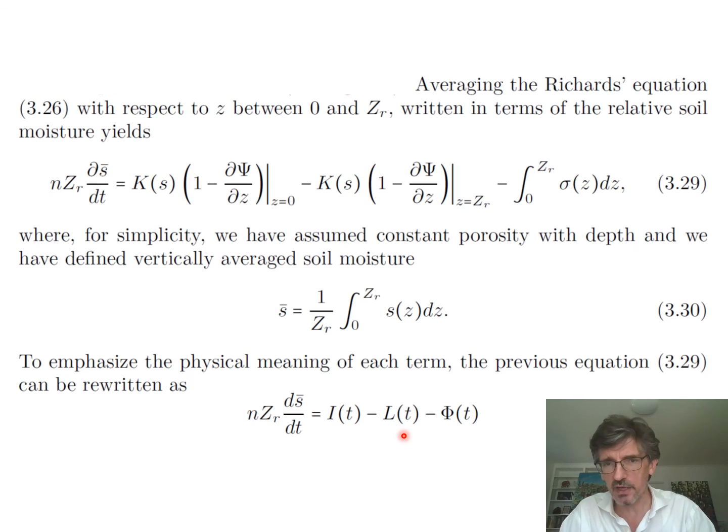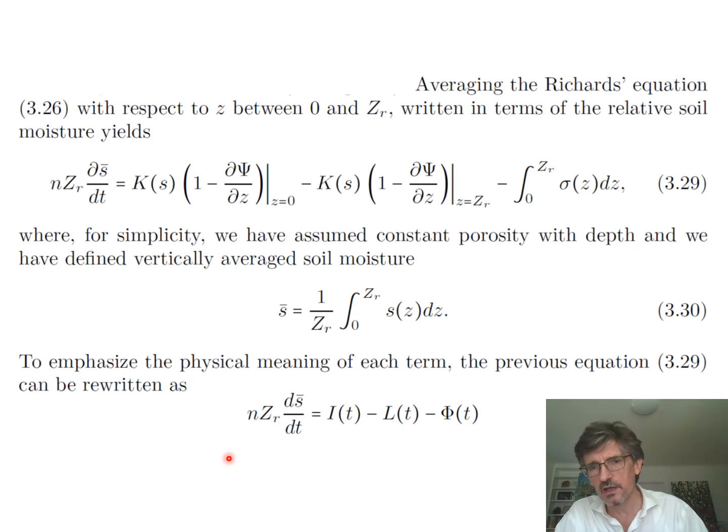It could be pointing upwards if this gradient is such that water is sucked from deeper layers into the drier upper layers that we are considering the rooting zone. So in this case, it would be capillary rise. Imagine that you have a shallow water table or something like that. This could actually be an input into the equation.